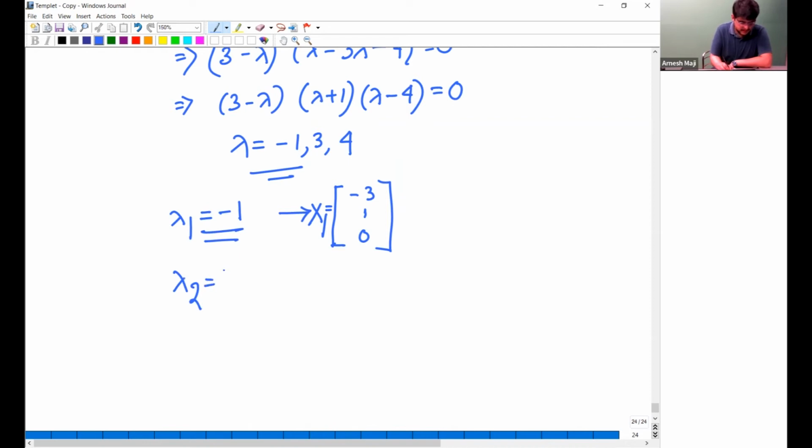This can again be found by preliminary row column operations. The second eigenvector corresponding to the eigenvalue lambda equal to 3 will be 1, 1, minus 4.